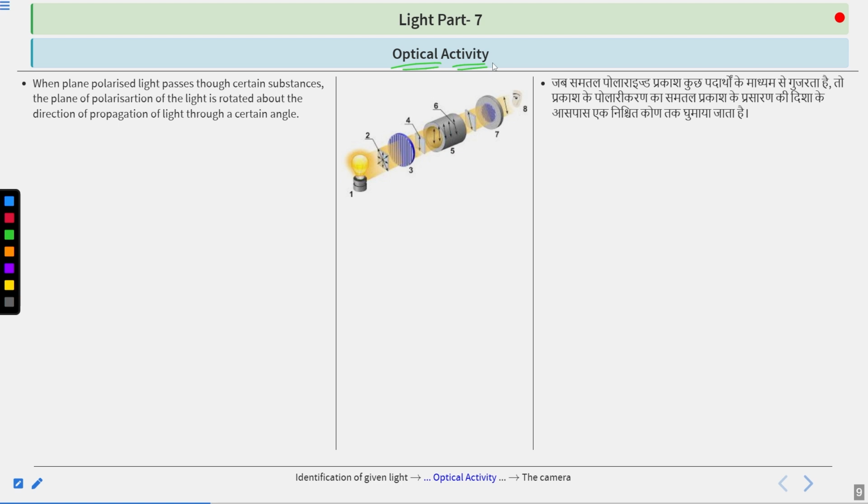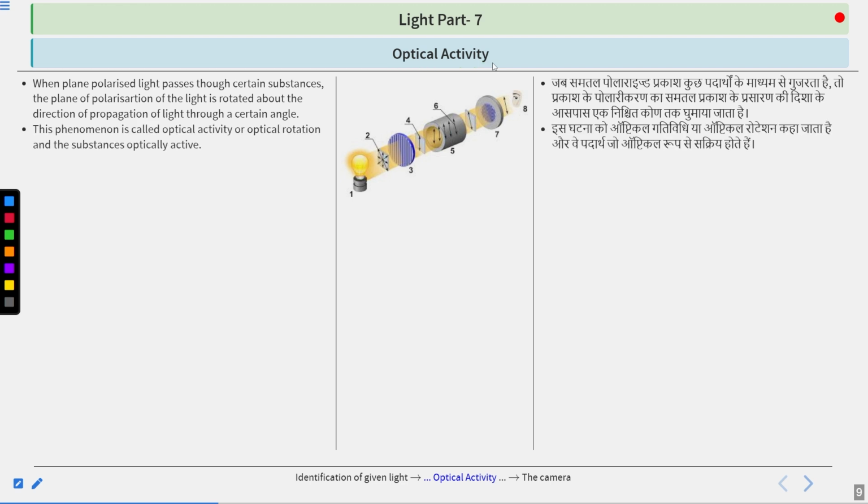When plane polarized light passes through certain substances, the plane of polarization of light is rotated about the direction of propagation of light through a certain angle. This phenomenon is what we call optical activity or optical rotation. Why? Because here the plane of polarization of light is rotated about the direction of propagation with a certain angle.